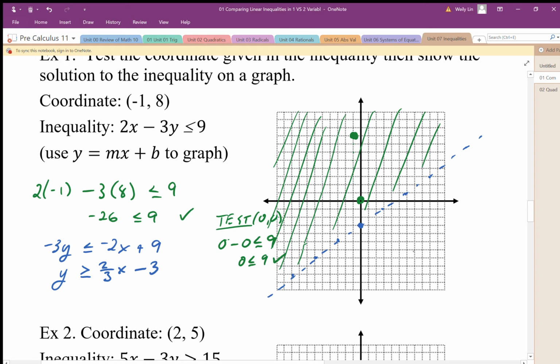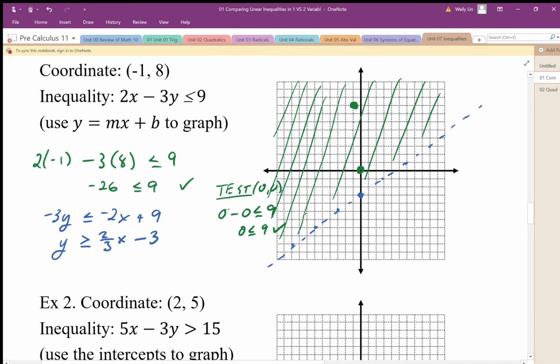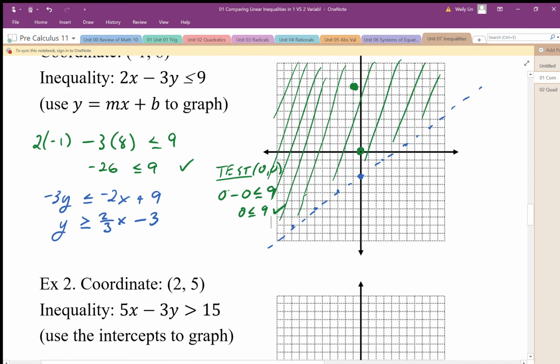If I tested a coordinate on this side, we should find that it doesn't work. So there's my solution. It's every coordinate above the line. And y being bigger also indicates that. So there's a few checks we can do. We can do a substitution to test, and it's easy to test 0, 0. Or we can use an inequality test above or below.